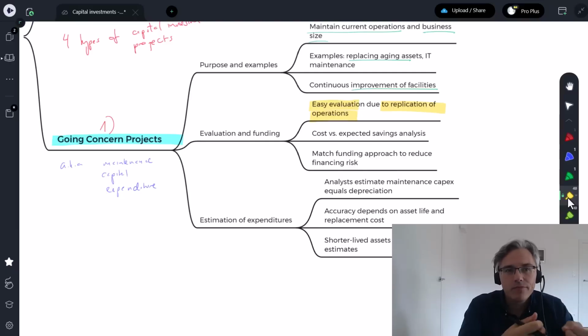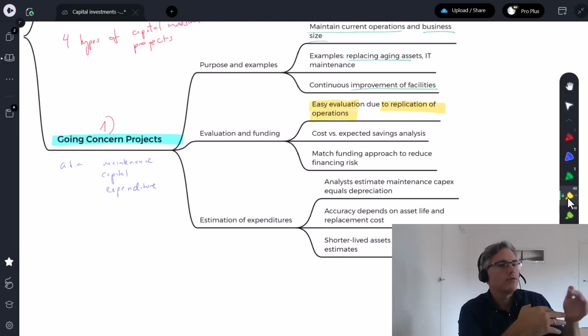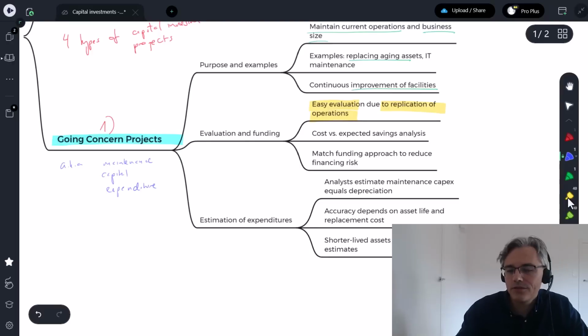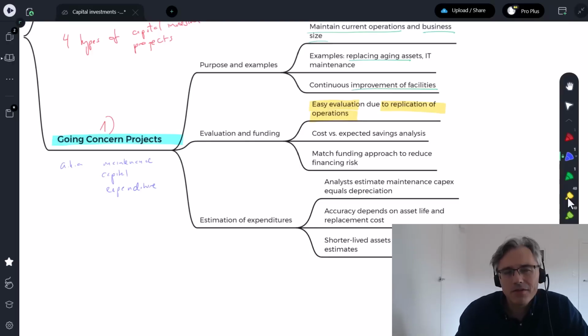In capital investment analysis and evaluation, you're going to have to project the future benefits, match them with the costs, and compute things like NPV and IRR to check whether the project makes sense. Here, the benefits are much easier to ascertain because you already have an idea of how this stuff works.